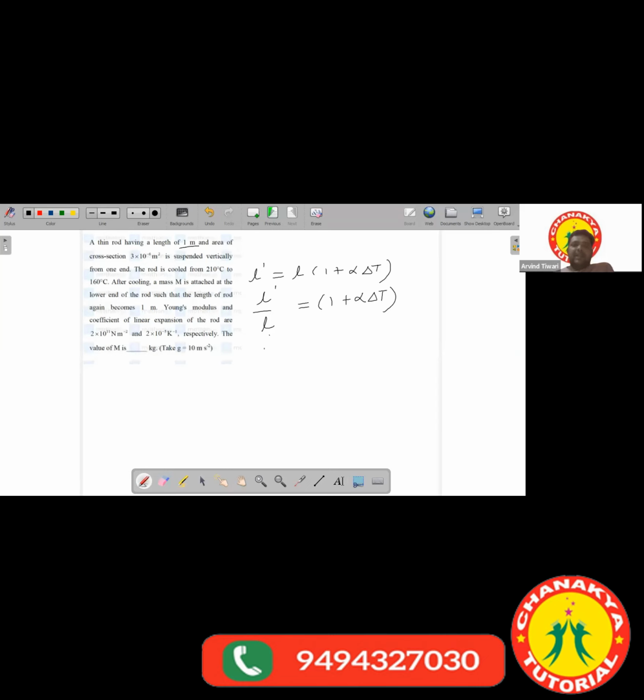So we can find out L dash, which will be equal to 1 multiplied by (1 plus alpha times delta T). Alpha is 2 into 10 to the power minus 5, and delta T is to be taken as final minus initial. So it's 160 minus 210, that is minus 50.